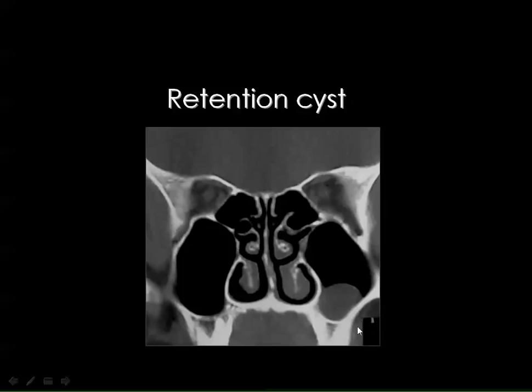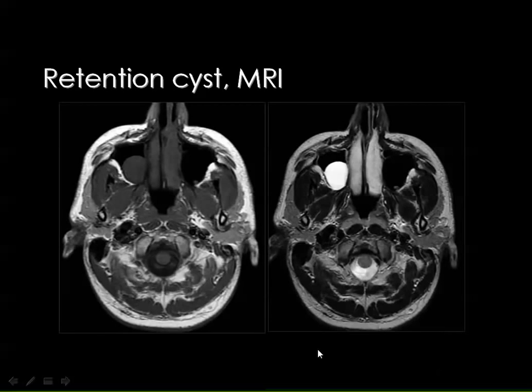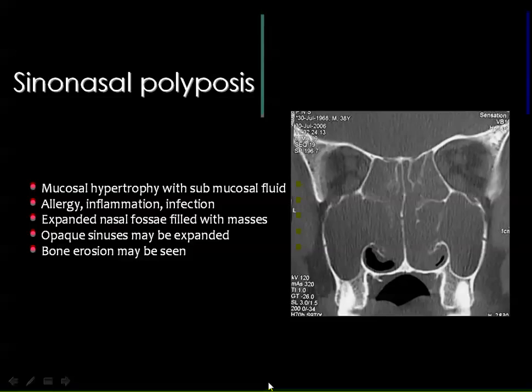But whenever you see a single lesion like this in any of the sinuses, you can call this a retention cyst. And this is a retention cyst by MRI, T1 weighted image, the fluid is black, T2 weighted image, the fluid is bright. And this is the situation where to say polyps.